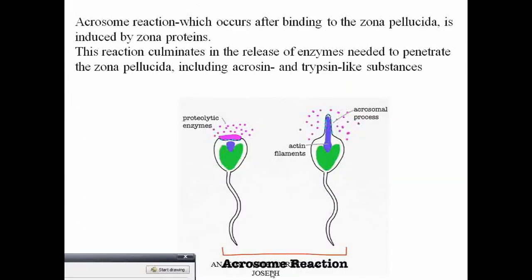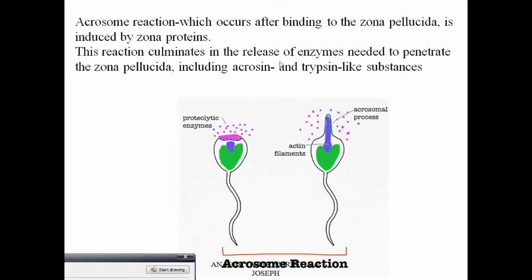Acrosomal reaction, which occurs after binding to the zona pellucida, is induced by zona proteins. So acrosomal reaction occurs when the head of the sperm meets the zona pellucida, and this is induced by some proteins which are seen in the zona pellucida.